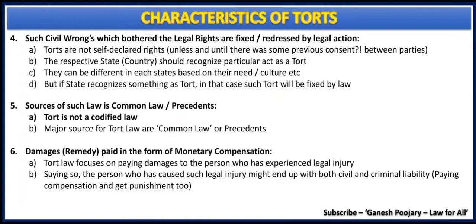And in some cases, the person who has committed tort might end up paying compensation to the one who has experienced the tort, as well as going through some punishment like fines, jail time, all of that. That is also possible if it has criminal liability. If it is only a civil wrong, the person who has committed tort will pay compensation to the one who has gone through legal injury.